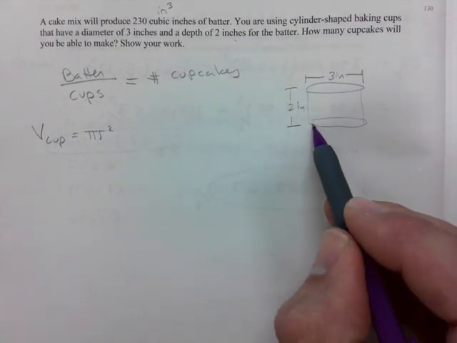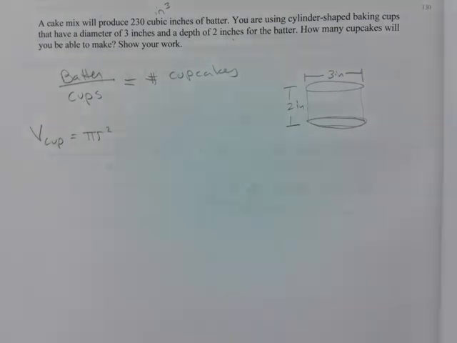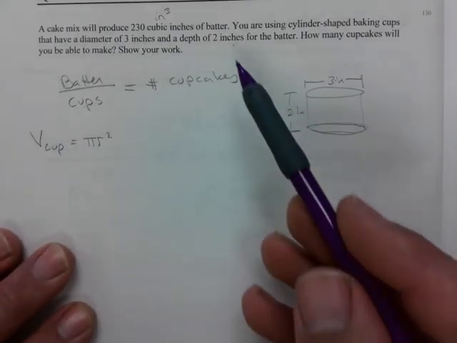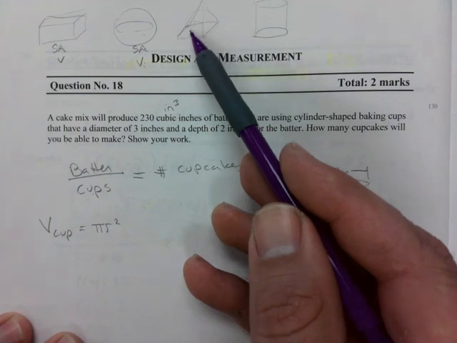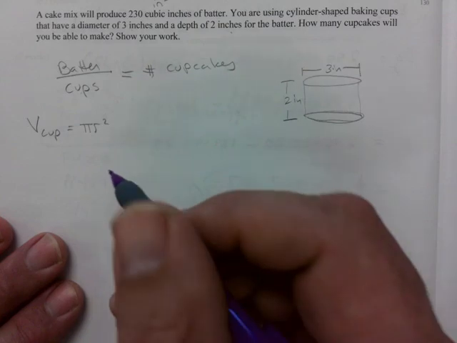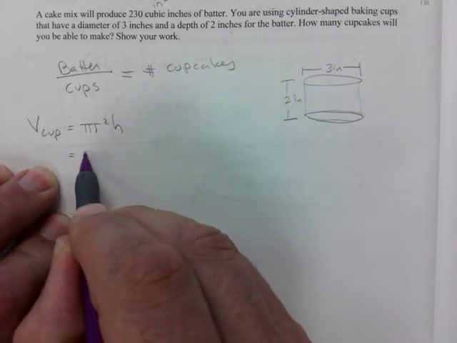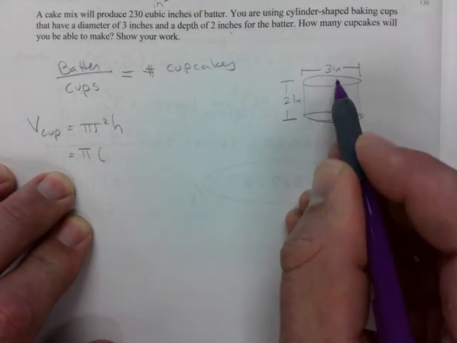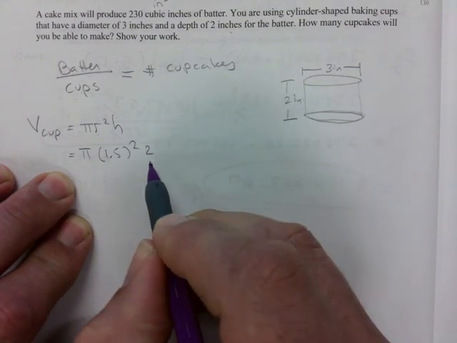Remember, it's the area of the base times its height. That's by definition the volume of any shape, except for when it's pointed like this, then it would be divided by 3, correct? But in general, that's the idea here: pi r squared times height. So we have pi, radius is obviously 1.5 squared, and the height is 2. And everything is in inches.